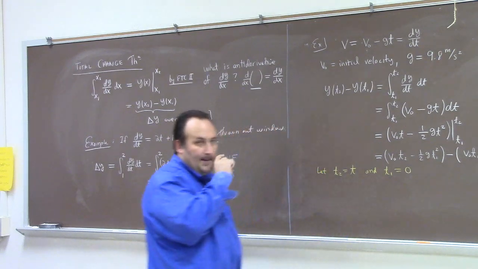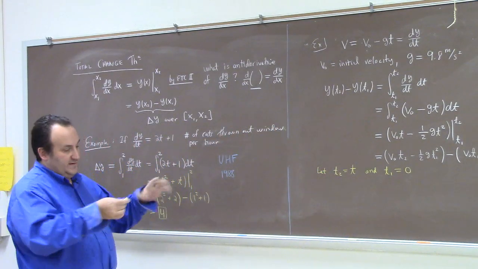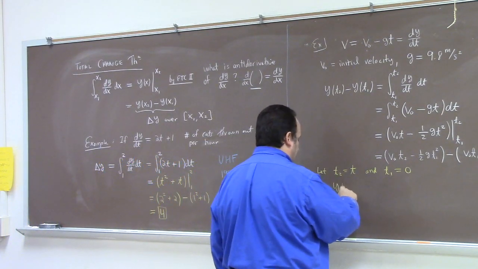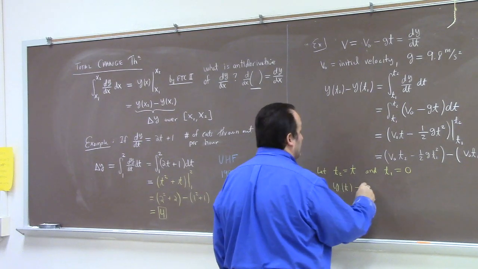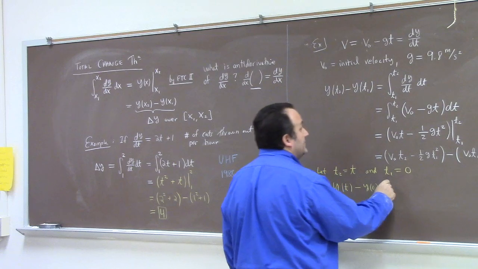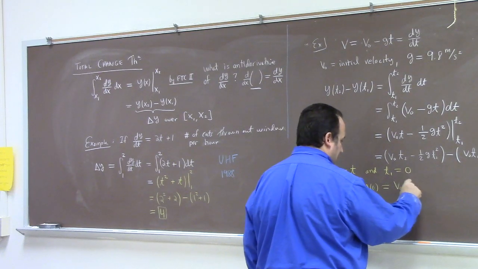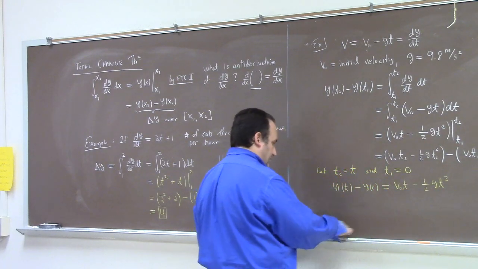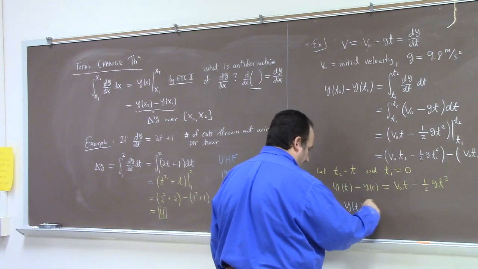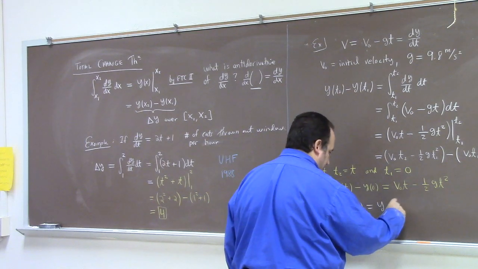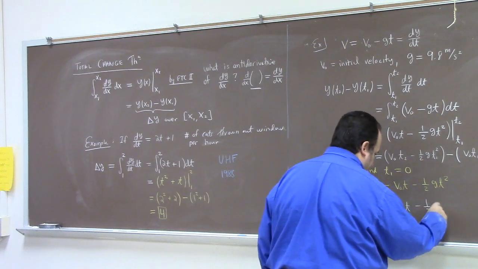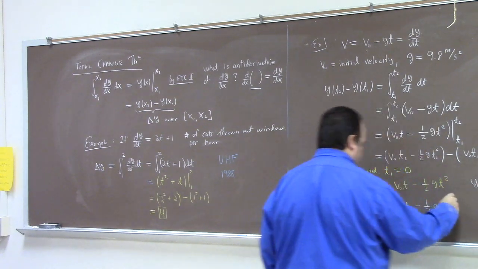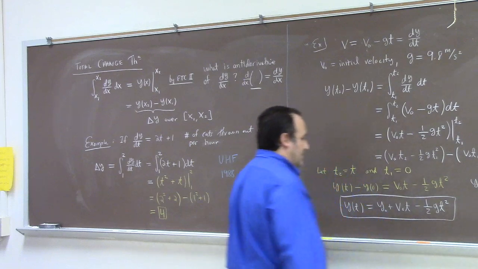If I make those adjustments, the same calculation but with those special choices, then y of t minus y of 0 is equal to v naught t minus 1/2 gt squared. So in other words, y of t is equal to y sub naught plus v naught t minus 1/2 gt squared, if I use the notation y of 0 is y sub 0, as is commonly used in physics. And there you go, that's one of the kinematic equations.